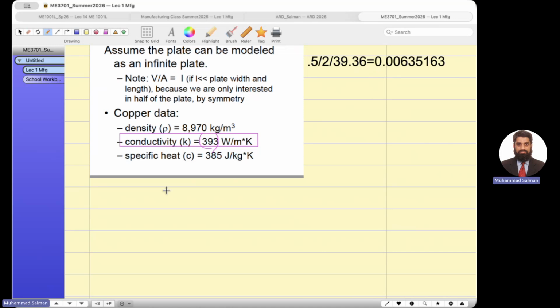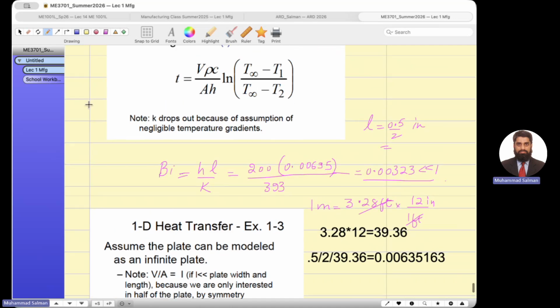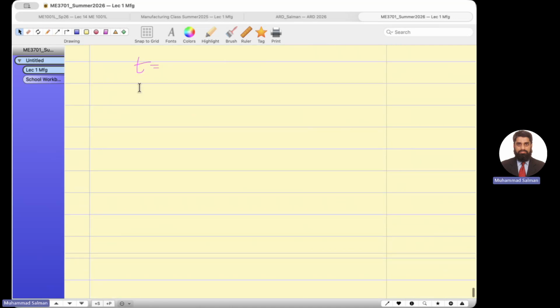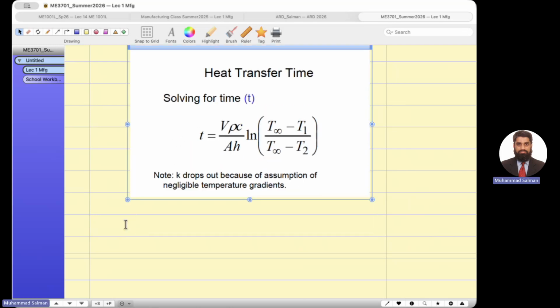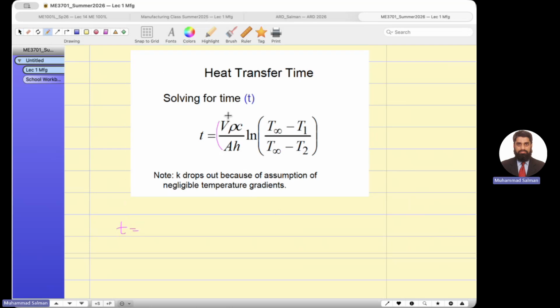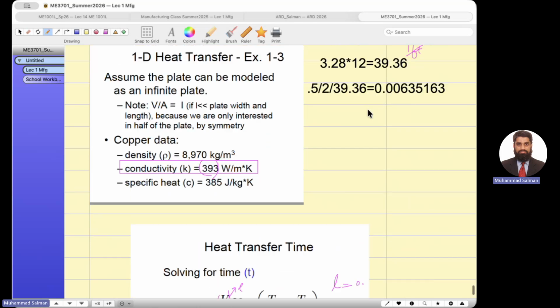I'm going to use this formula here. Time equals, let's plug in the values here. Let me tell you one thing. What is volume divided by area? This is the characteristic length.